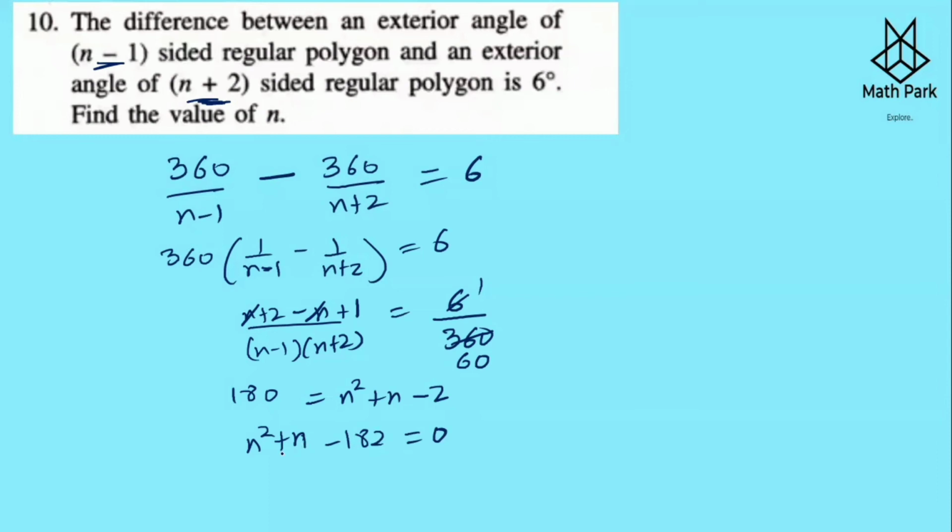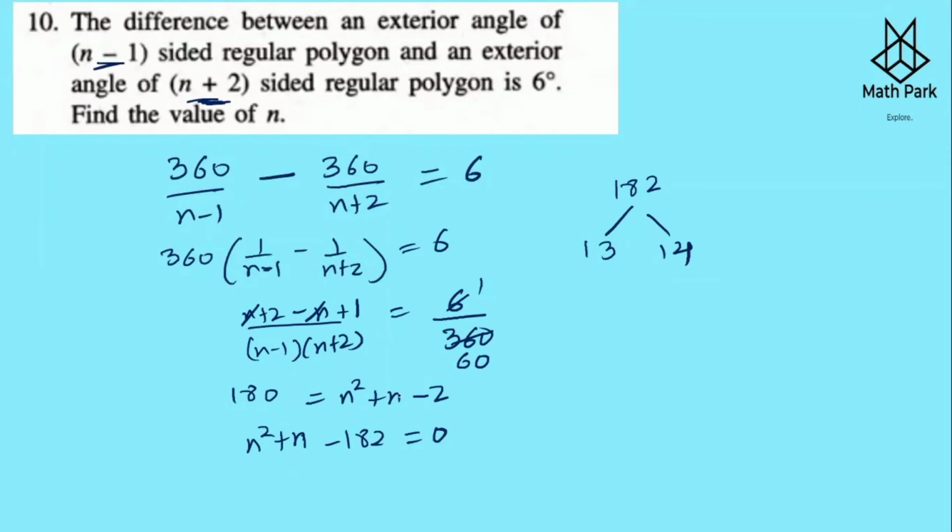Okay, let us factorize this quadratic equation by splitting the middle term. We need to find the factors of 182 such that the sum is 1 or the difference is 1. We have the factors of 182 as 13 and 14. 13 times 14 is 182.